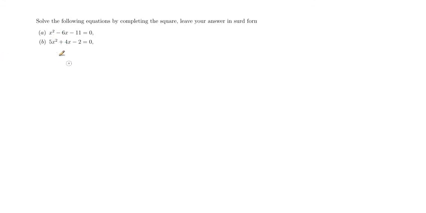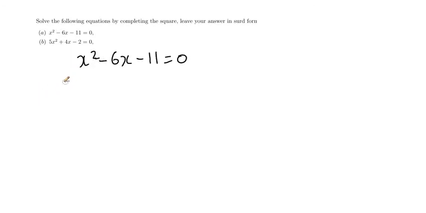Okay, so the first thing that we do is we write down the equation that you have been given, and then you look at the coefficient of the first term, the one which has got power 2. So what you do with that coefficient is that you pull it out.